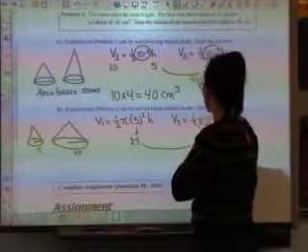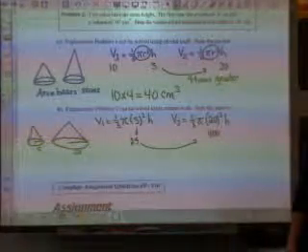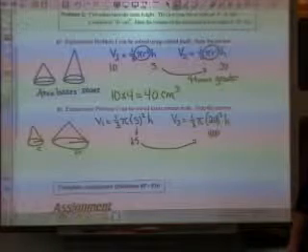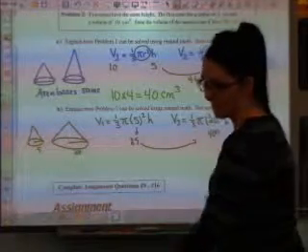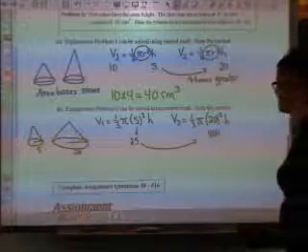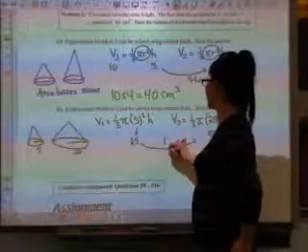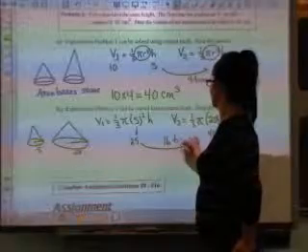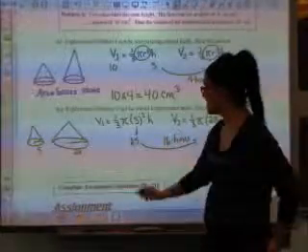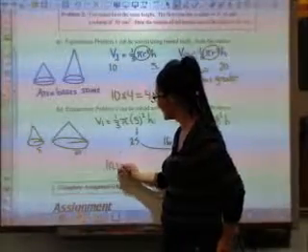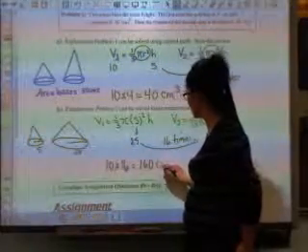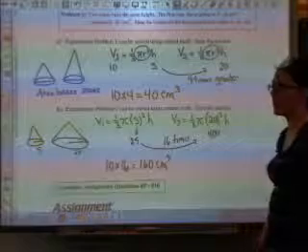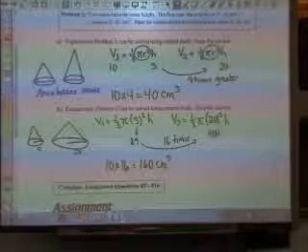How many times greater is 400 compared to 25? It is, figure it out, 16 times greater. That means that the volume will be 16 times more. So the volume will be 160 cubic centimeters.